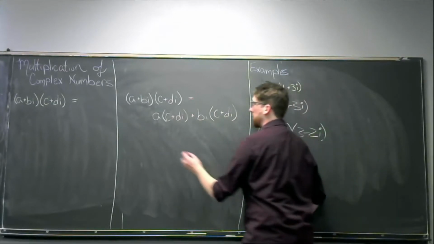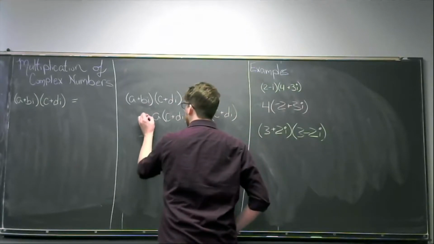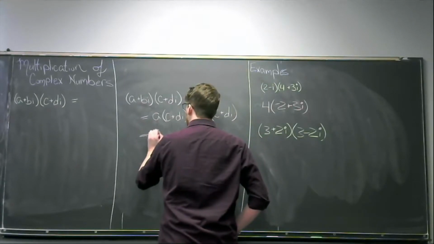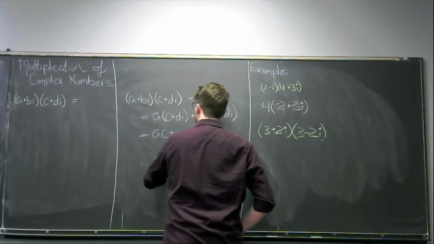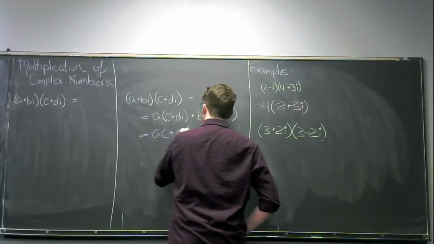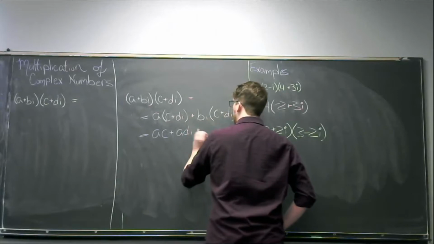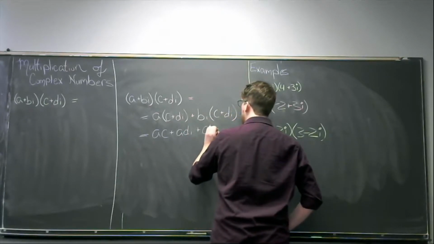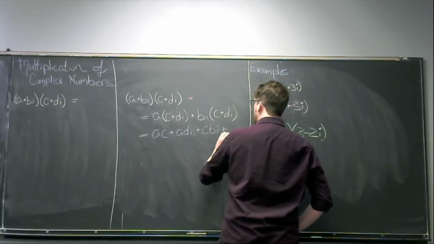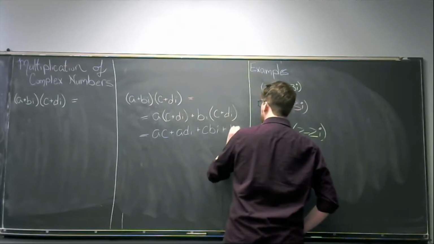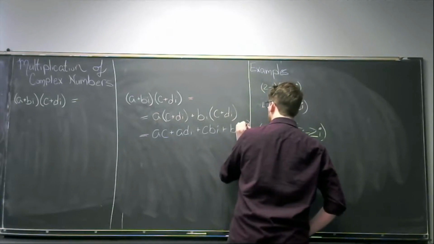Well, this is going to come out to be ac plus adi plus cbi plus bdi squared.